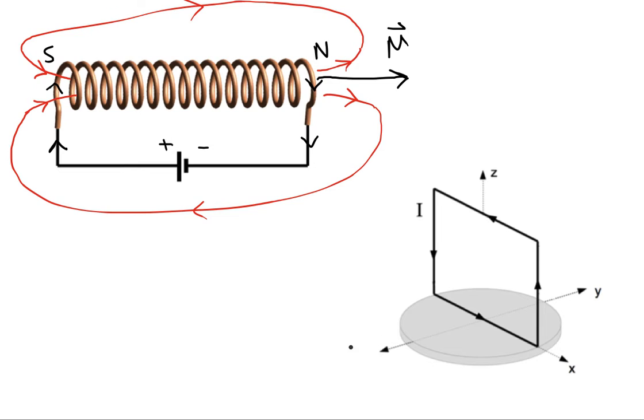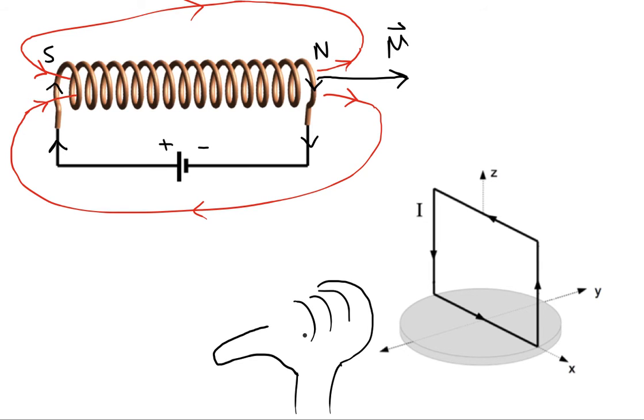Here's how it works. You imagine putting your fist up against the loop. So take your right hand, curl your fingers in this way, and then when you do, your thumb is going to point this way.